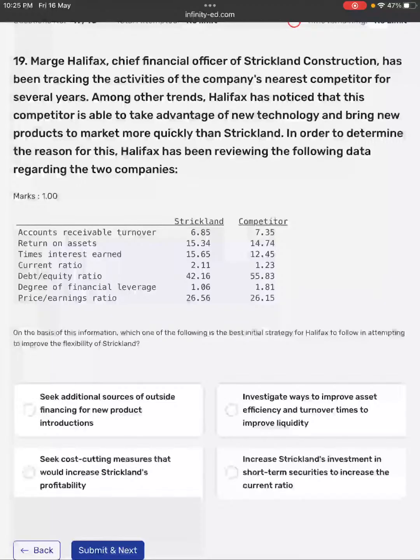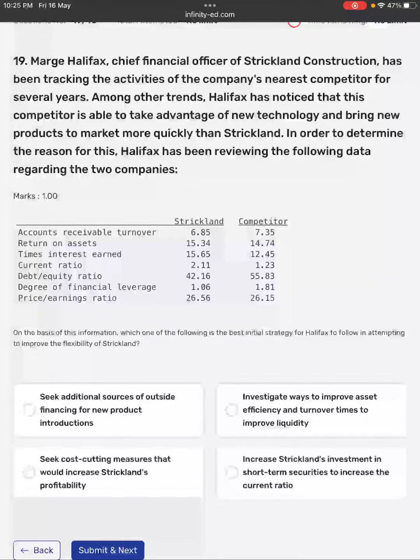Strickland and competitor. Account receivable turnover 6.85 and competitor 7.35. Return on asset 15.34 and competitor 14.74, and times interest earned 15.65 and competitor 12.45, and current ratio 2.11 and competitor 1.13.